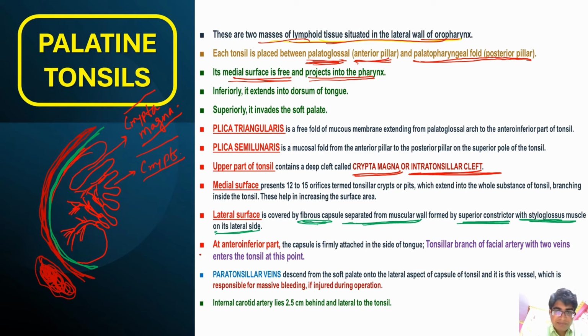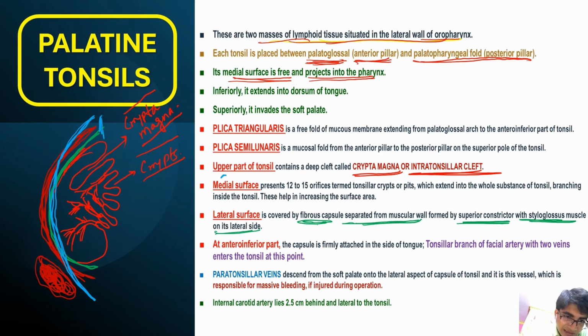Now, importantly, we have already said that anteriorly there is one anterior pillar made up of the palatoglossus muscle.